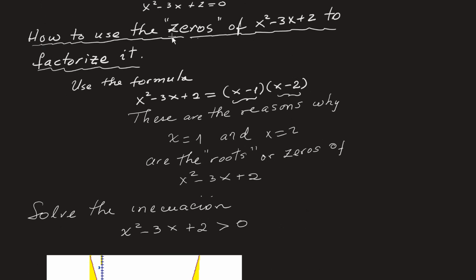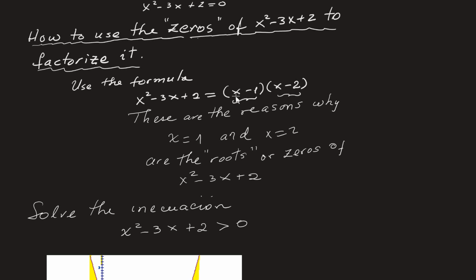How to use the zeros of x squared minus 3x plus 2 to factorize it. This way, use this method. X squared minus 3x plus 2 is equal to x minus 1, this root, times x minus 2.